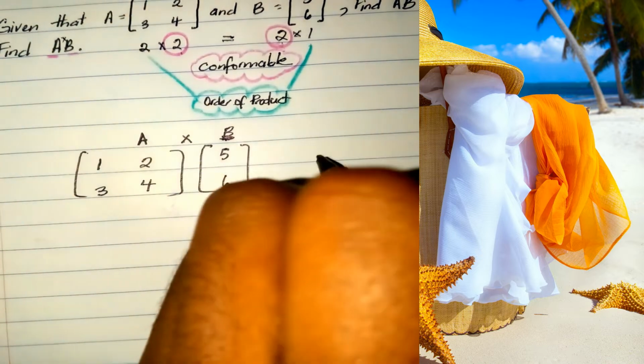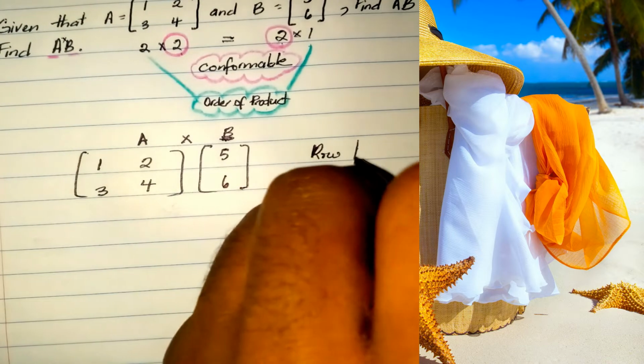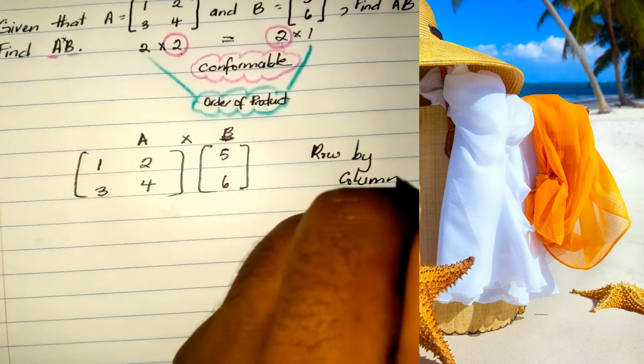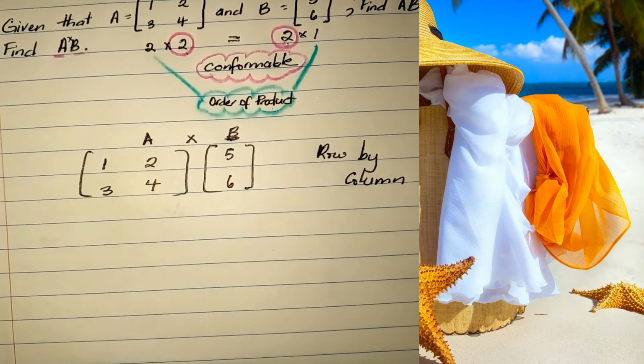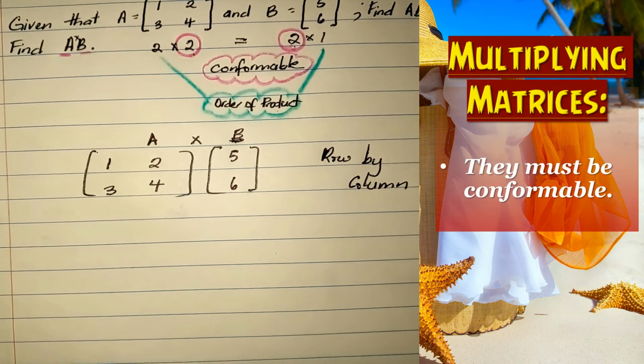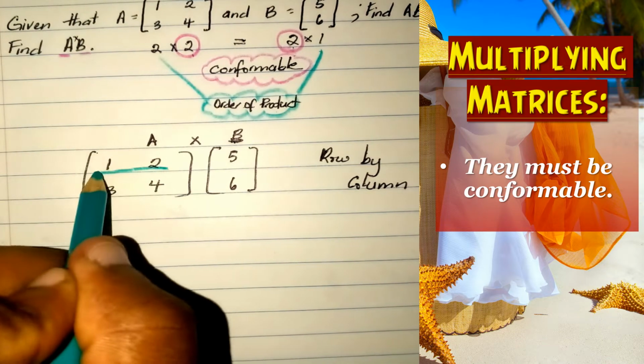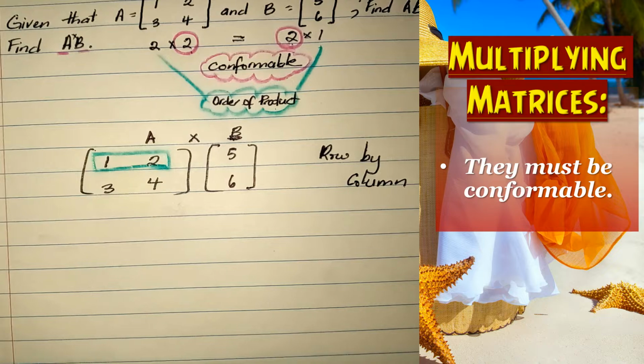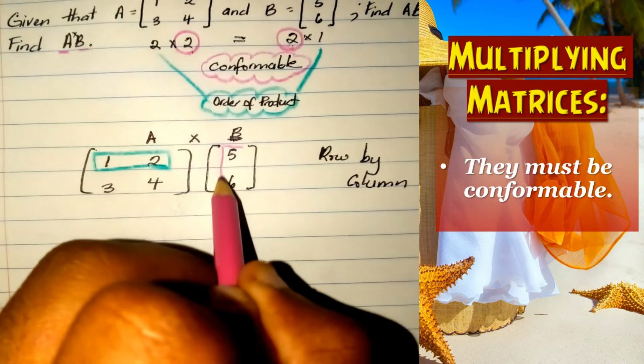We multiply row by column. I'm going to show you what that means, and that is why I like using crayons when I'm doing this, because you can clearly see what you're dealing with. So we're going to do row, right? That's the row.